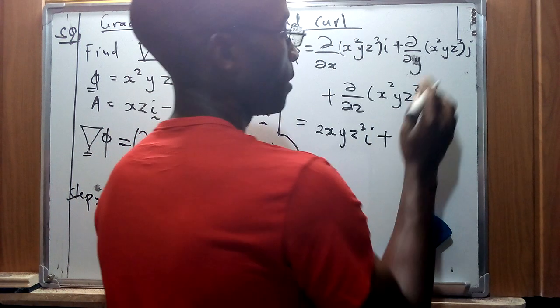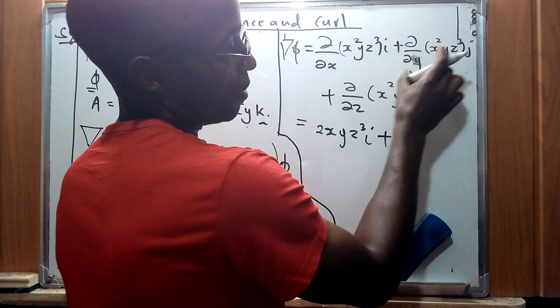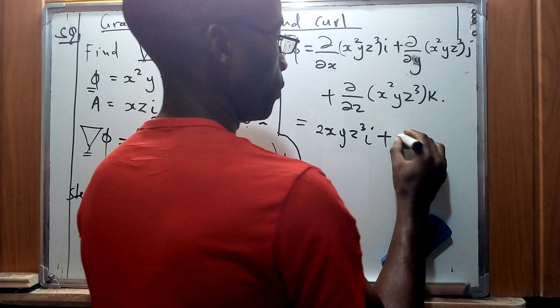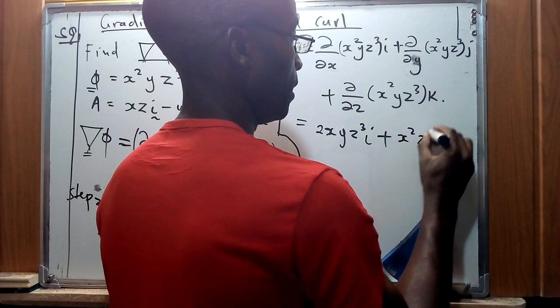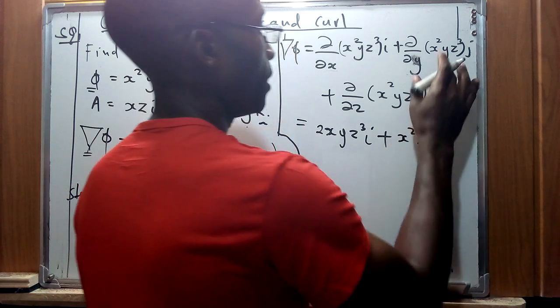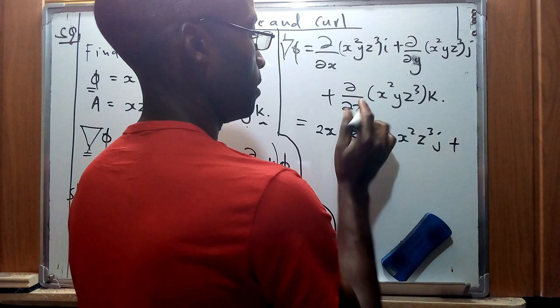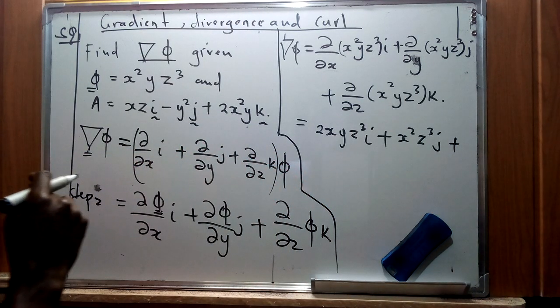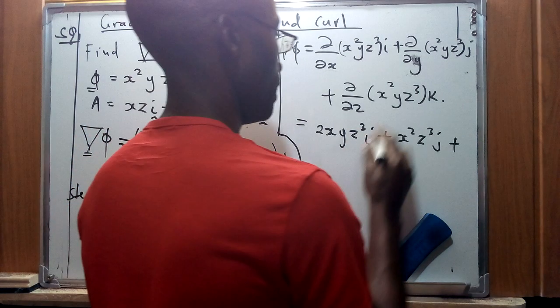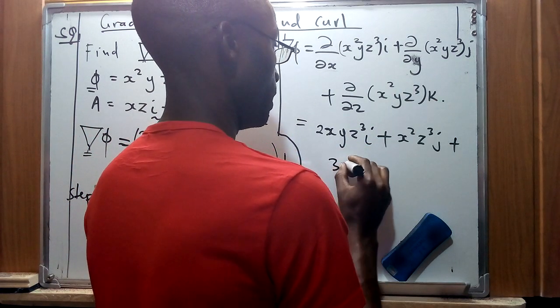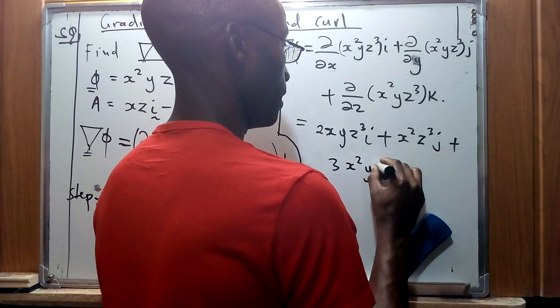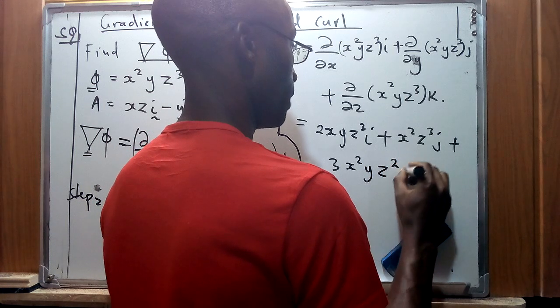Then plus, the second one we're going to differentiate with respect to y, therefore it's going to be x squared z cubed j, the y disappears. And then plus the last one, differentiating with respect to z, so we maintain the others, this is going to be 3x squared y z squared.